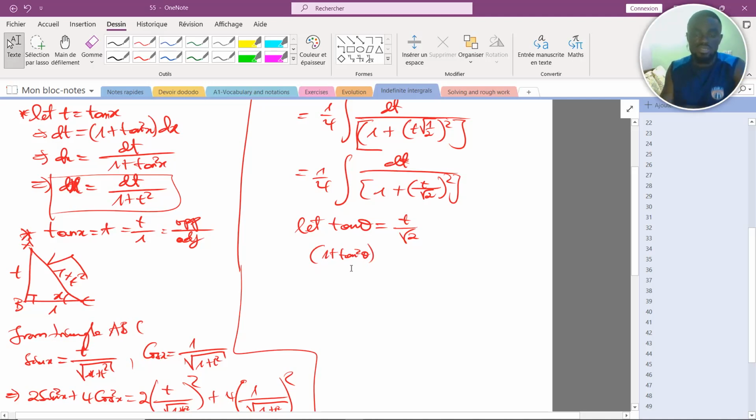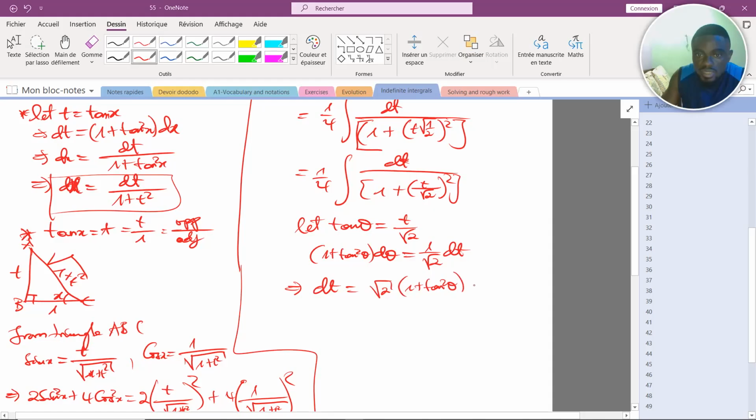This is the same thing as sec squared theta. Since I was differentiating with respect to theta, I'll put here d theta. This will be equal to the derivative of this, I'll have 1 on root 2 dt. This implies my dt will be equal to root 2 times 1 plus tan squared theta d theta. That's my dt already. So I can now substitute everything in this integral.